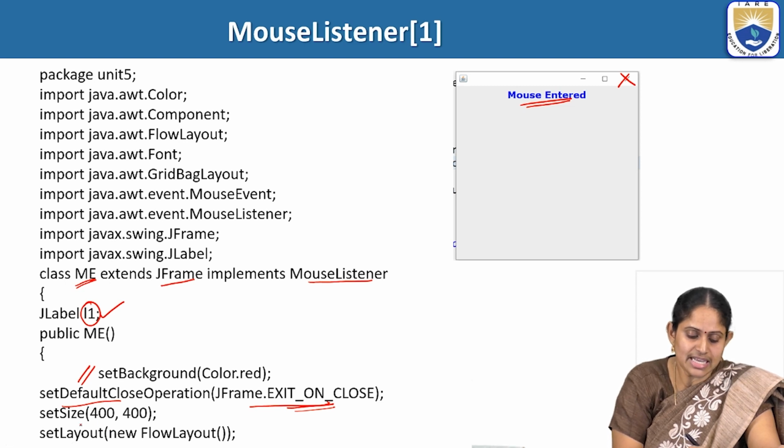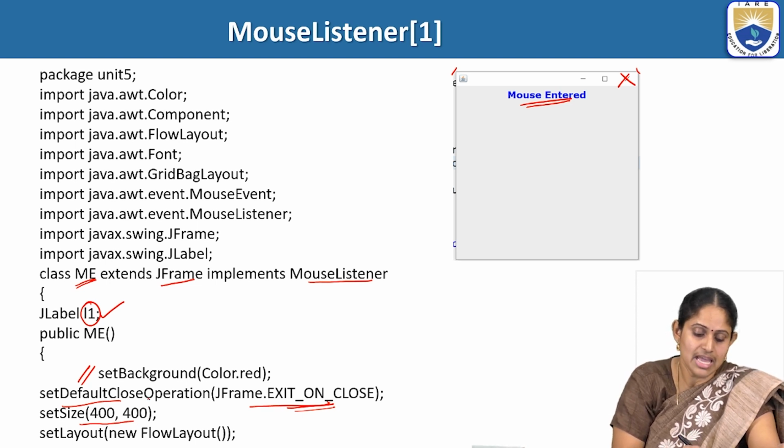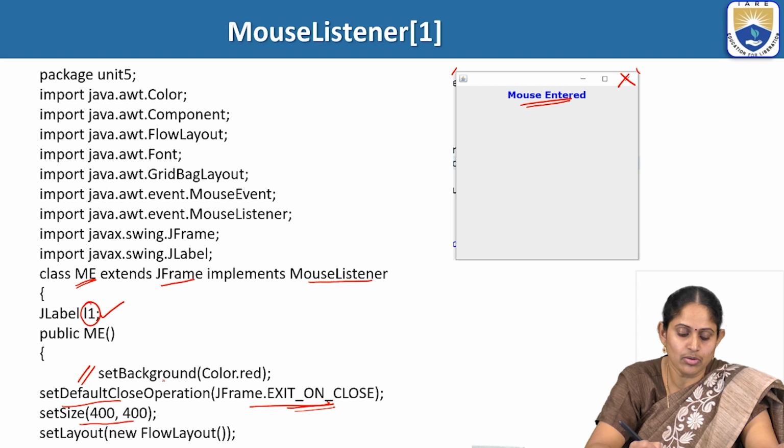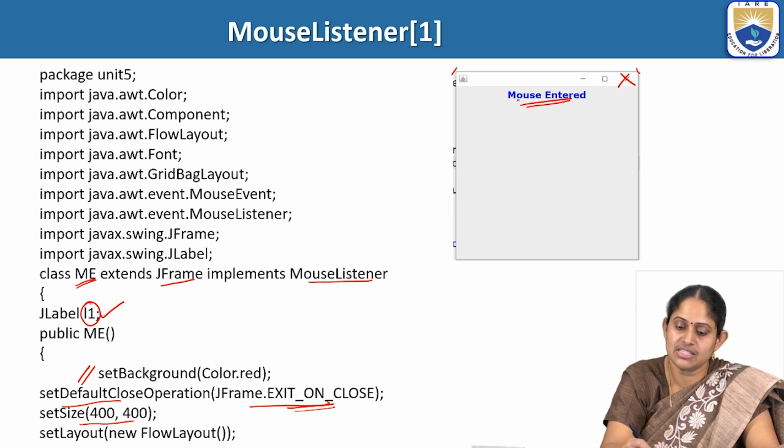Now we are setting the size of that frame to 400 by 400, columns by rows. Then we are setting the layout as flow layout. That is why we have this mouse label placed in the layout.